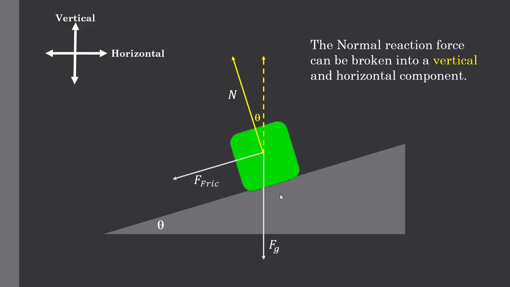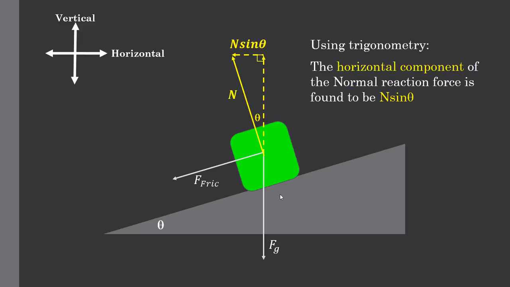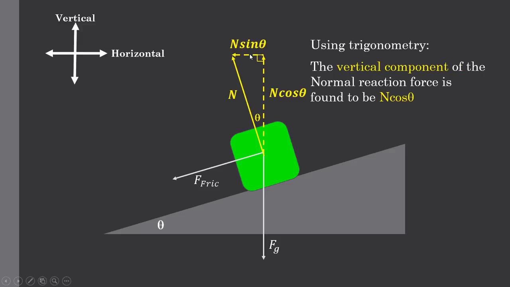So they can be broken into a vertical and a horizontal component. The horizontal component, using some basic trig, where the hypotenuse is the normal, we see our opposite side of our right angled triangle is n sine theta. And likewise, the vertical component, using the yellow right angled triangle, n is our hypotenuse, and the adjacent gives us a function of n cos theta.